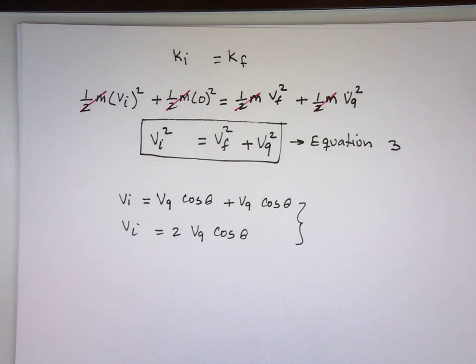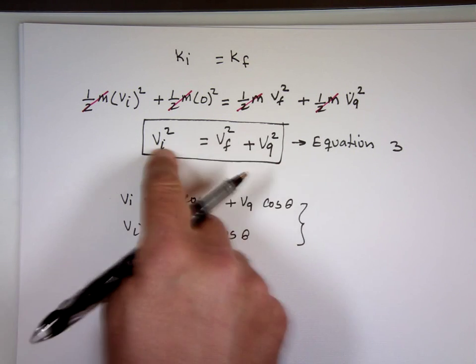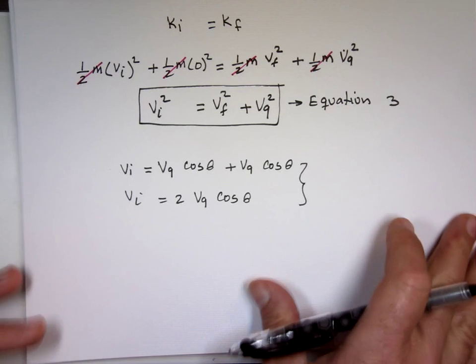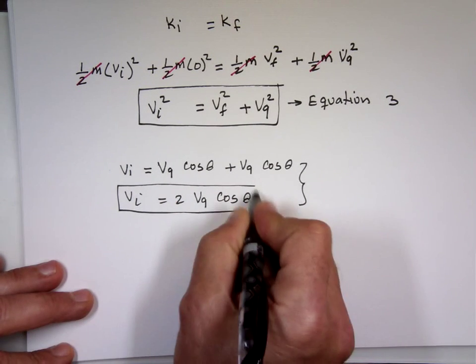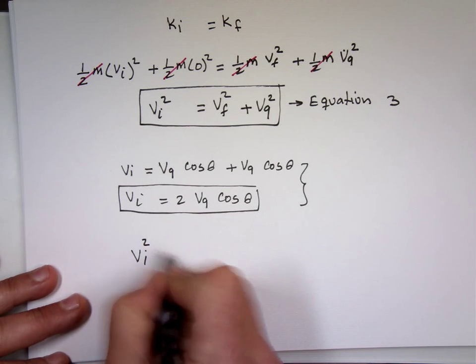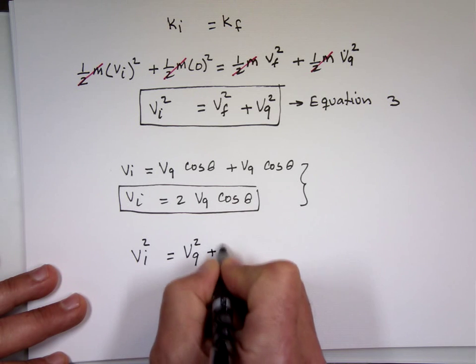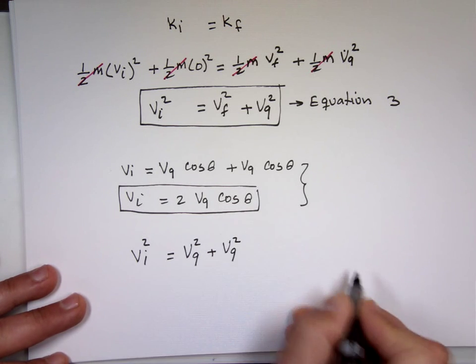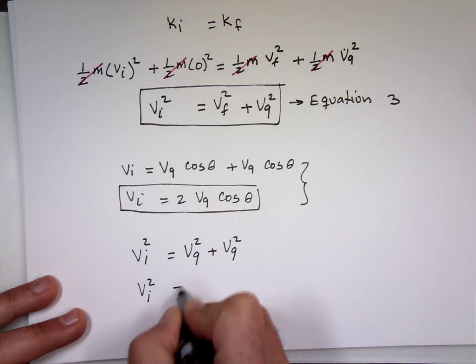Let's also do a substitution of Vf equals V9 into equation number 3. So here's my new equation now. Vi squared equals, instead of Vf, V9 squared plus V9 squared, which means Vi squared equals 2 V9 squared.